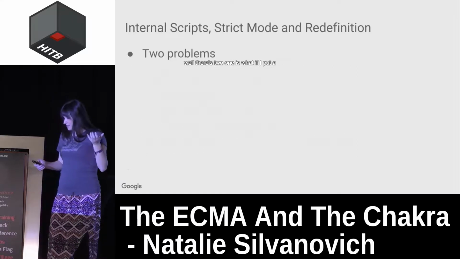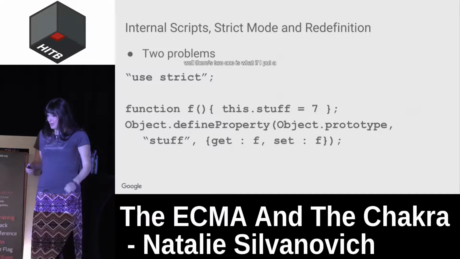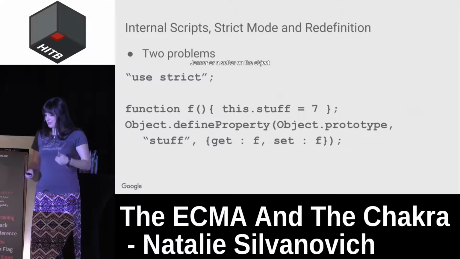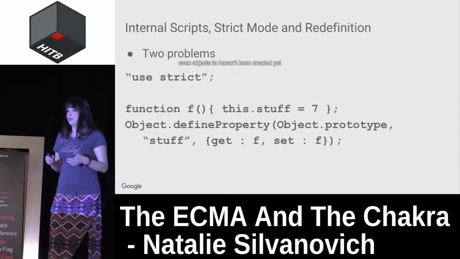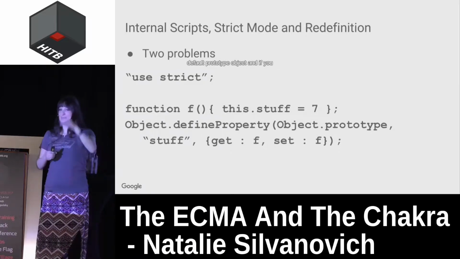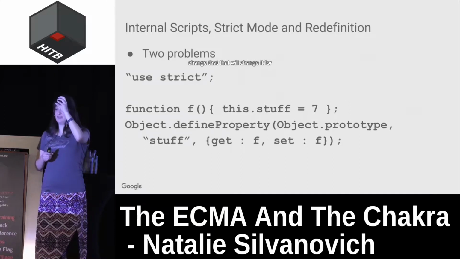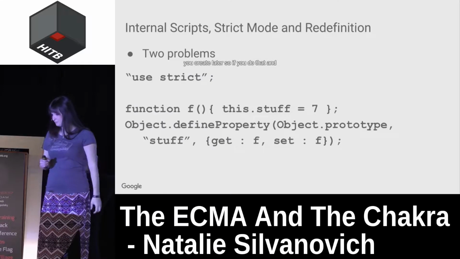So what are the problems here? Well, there are two. One is, what if I put a getter or a setter on the object prototype? This is the object prototype that is used on every object, even objects that haven't been created yet, because every object points up to that default prototype object. If you change that, it will change it for every single object, even objects that you create later.